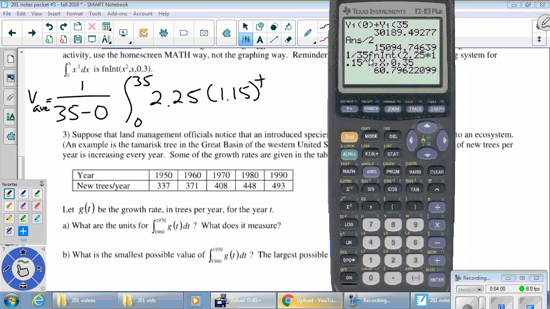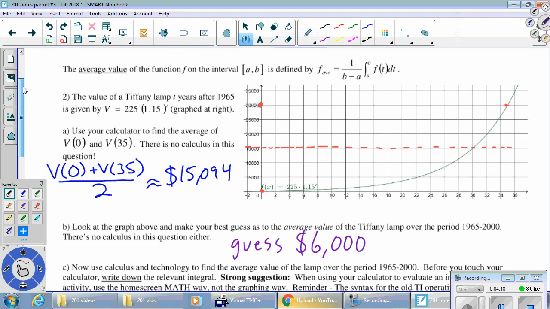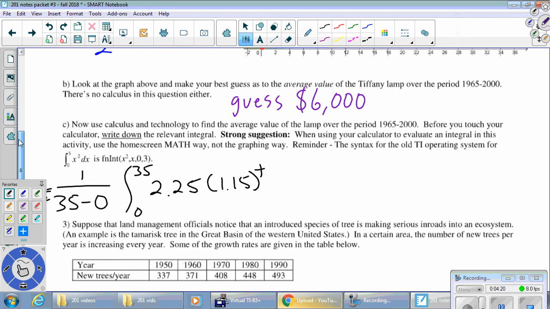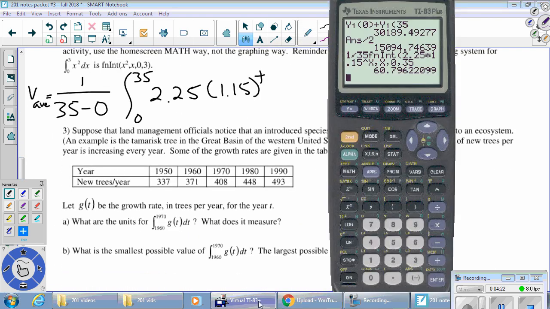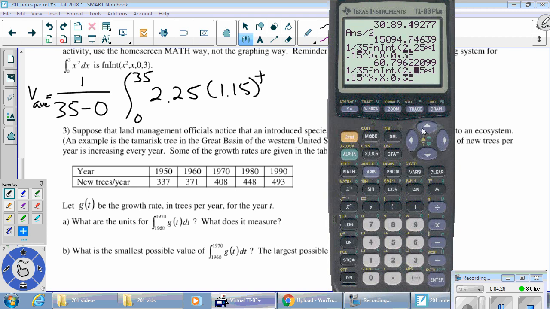Let's pause and reassess. Okay, I see what I did here. I had a 2.25 there for some reason. It should have just been 225. Whoops. Okay, so that's just going to move the decimal point in our answer 2 places to the right, but let's just fix that right here.